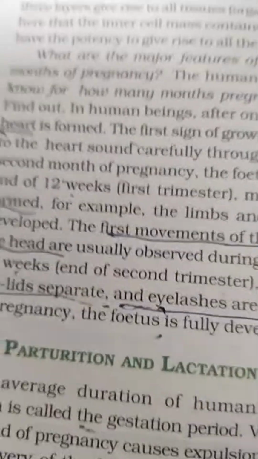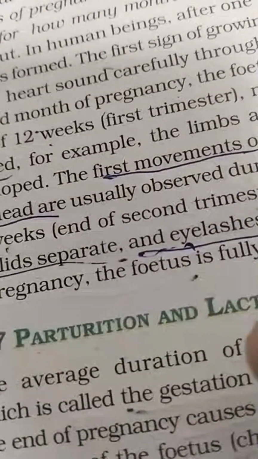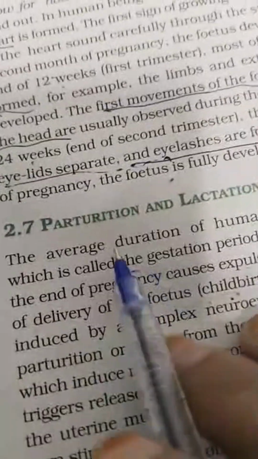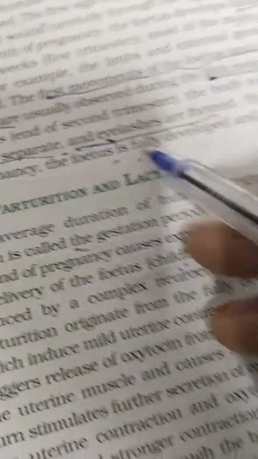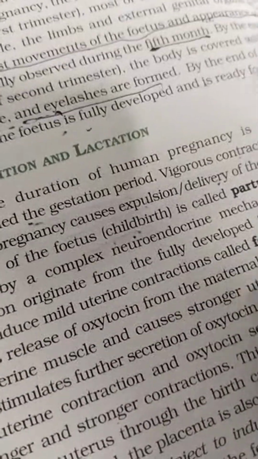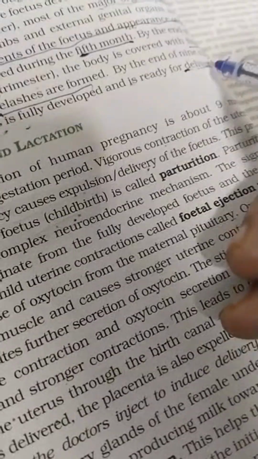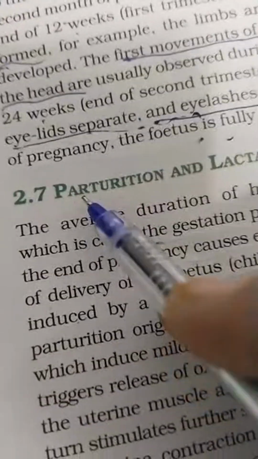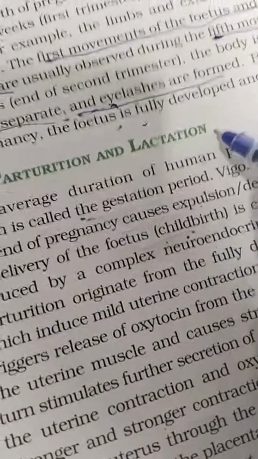So when all the tissues, all the organs, all the systems have been developed in a developing embryo, at that time the fetus is completely developed and it is ready for the delivery too. So next, parturition and lactation.